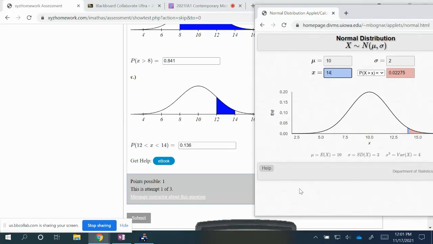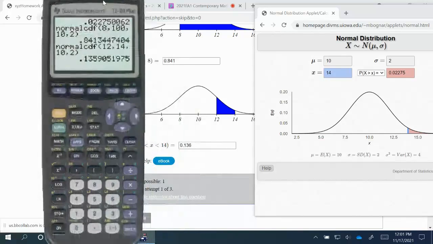And now if I subtract those two areas, 0.15866 minus, I'm going to put in 14.